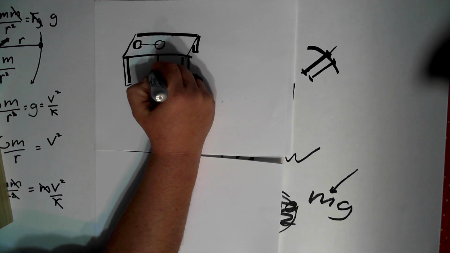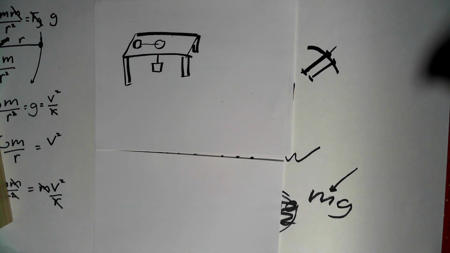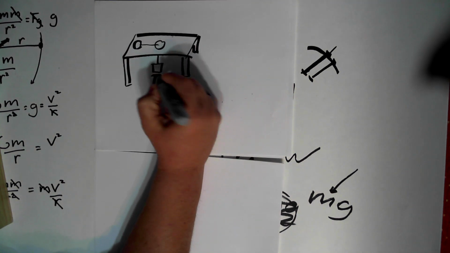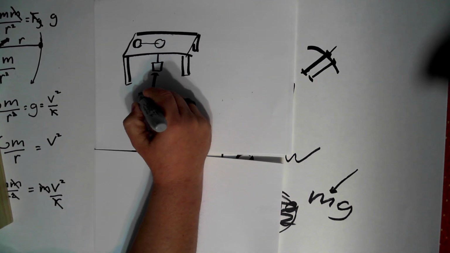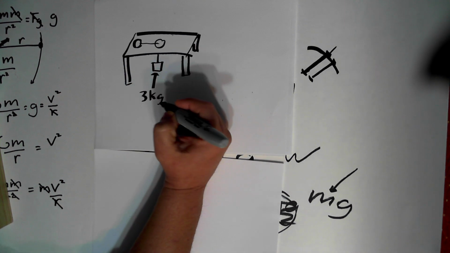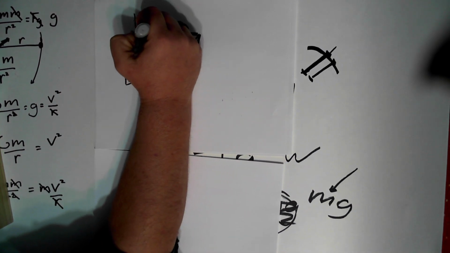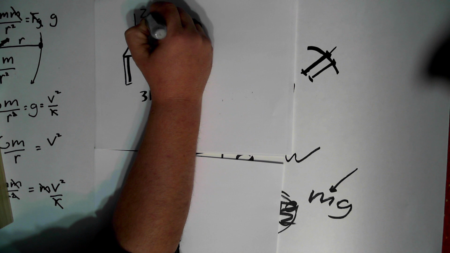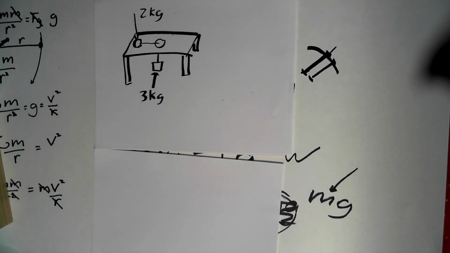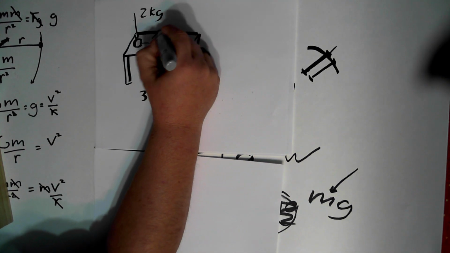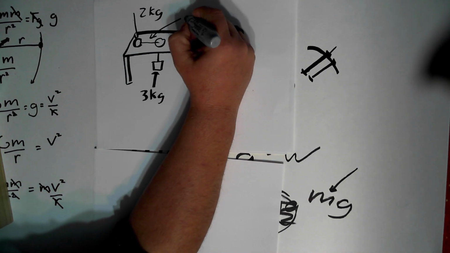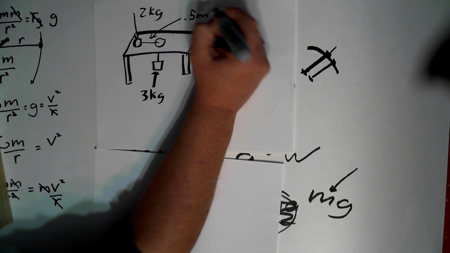And on the other side, we are going to have a mass. So the idea is that I give myself a mass value here, let's say 3 kilograms. And I'll give myself a mass value here, and we'll say 2 kilograms. And the question we have, I need one more thing, a radius here, and we'll make that 0.5 meters.